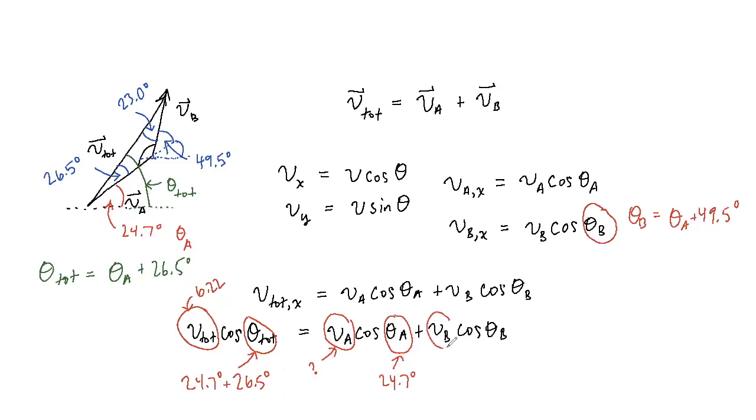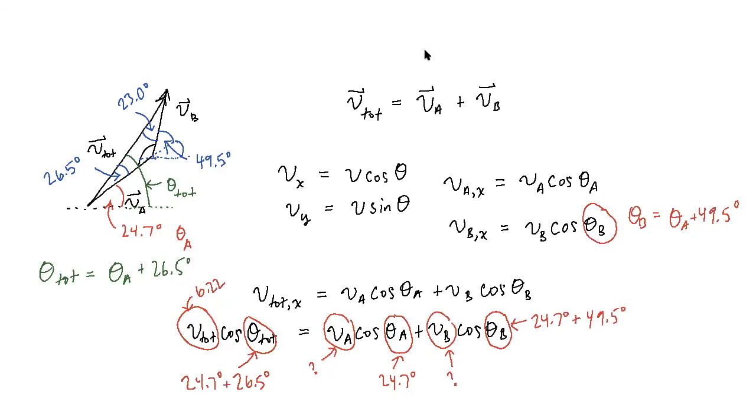And theta B we worked out: it's 24.7 degrees plus 49.5 degrees. Okay, so we have one equation, but we have two unknowns.